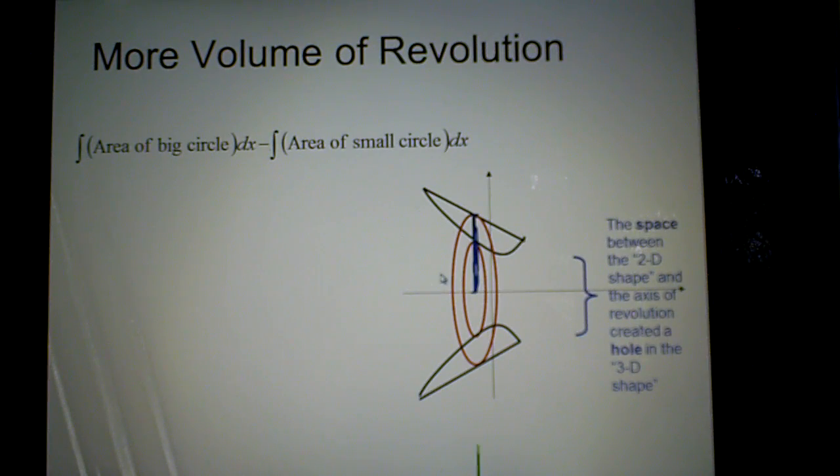Then notice this green line coming in, from the axis of rotation up to the parabola, that's the radius of the small circle.